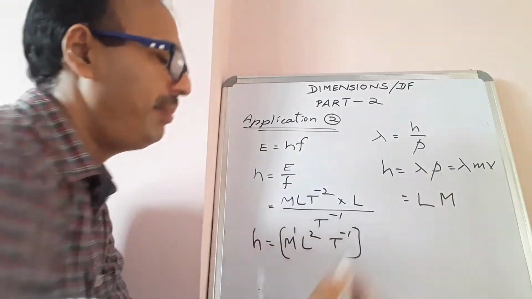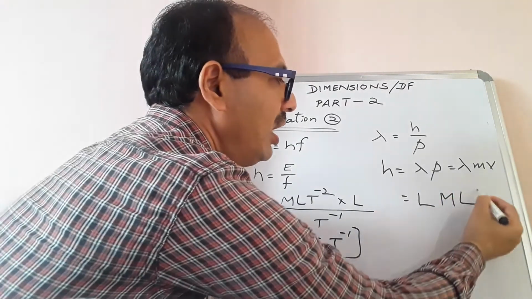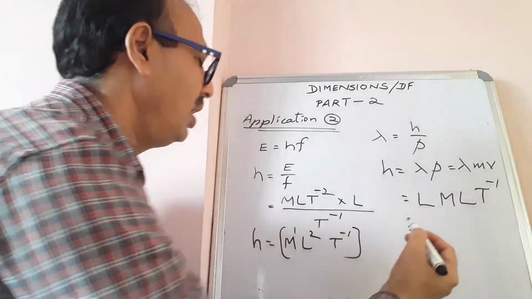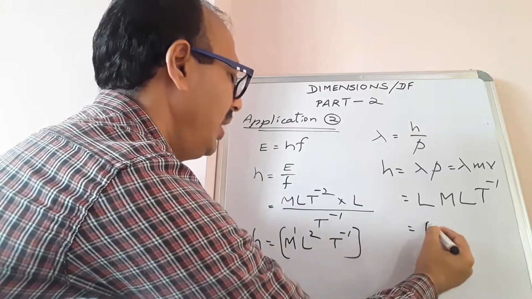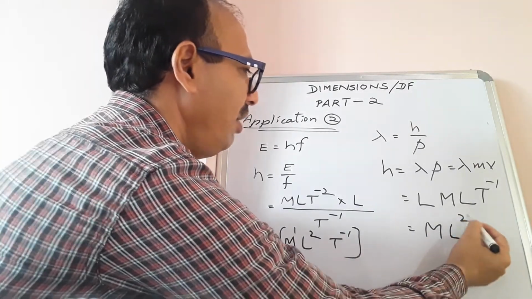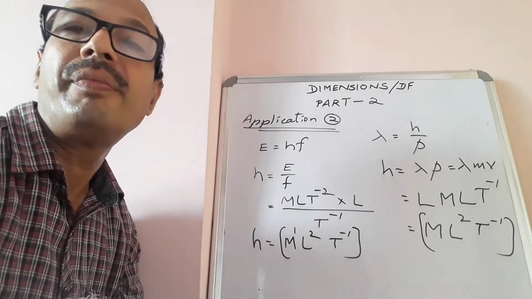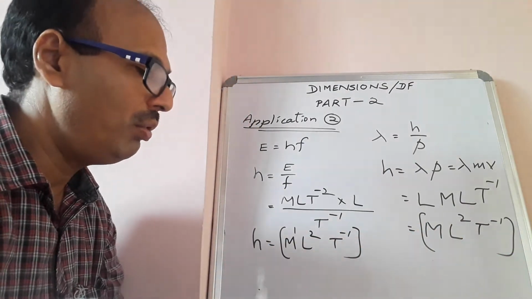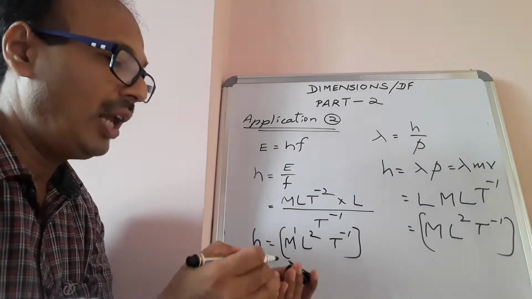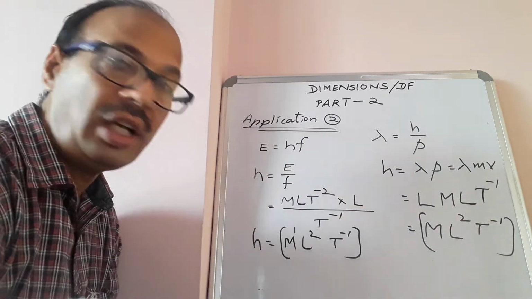Mass M, velocity L T power minus 1. So here we will get M L square T power minus 1. This is how we derive the dimensions of physical constants.